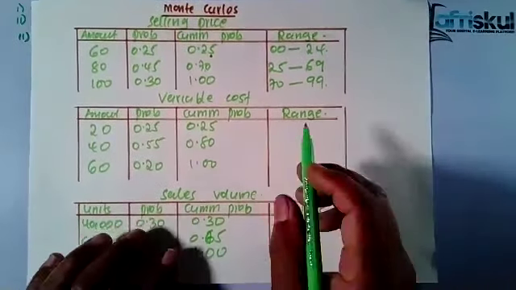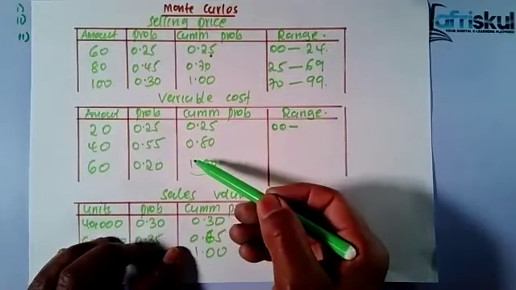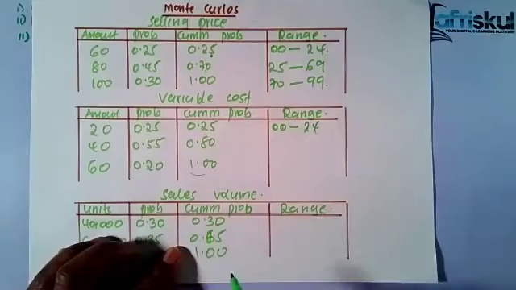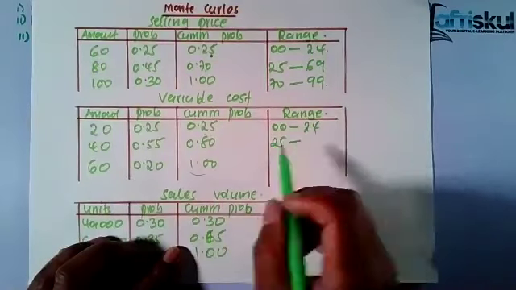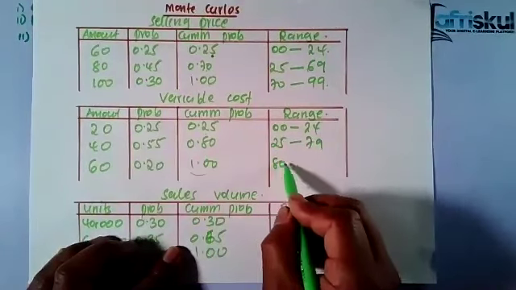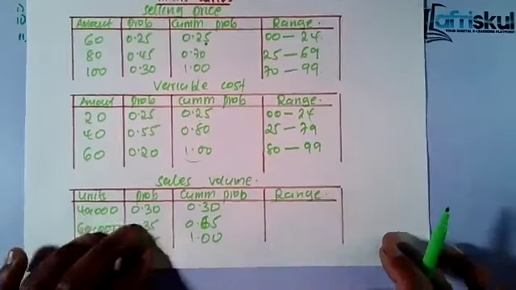We come back here. 00. We have said you assume the cumulative probabilities are whole numbers. So this is 25. You minus 1. So it's 00 to 24. Then 25, 80 minus 1, you get 79. Then 80, this is 100 minus 1, you get 99.